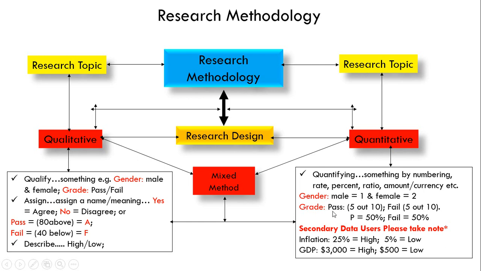That's quantifying the pass rate level. Then in the case of perhaps the secondary usage, you can say inflation could either be 25%, which means it is high, or 5%, which means it is low, or you can say a GDP is $3,000 high or $5,000 low.